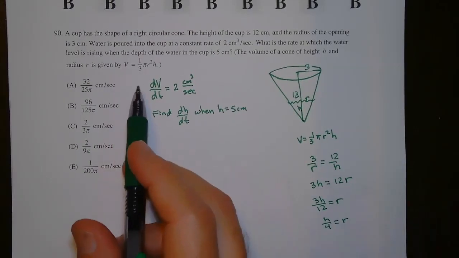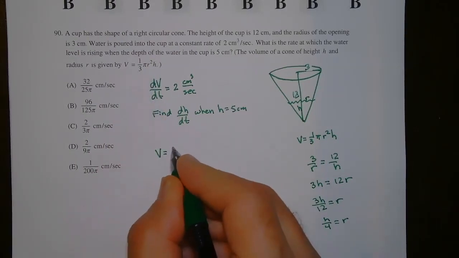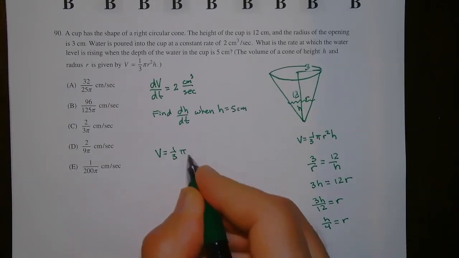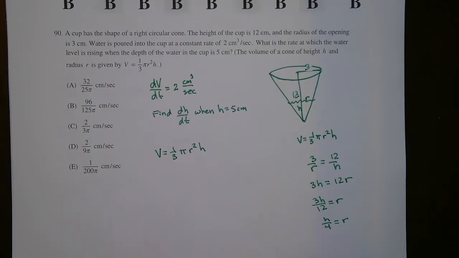So back over here, in the volume formula, we have volume is equal to 1/3 pi r squared H. I want to rewrite this so it's just V's and H's and then take the derivative. So this R right here is going to be replaced with H over 4 because those are equivalent. That's what this says. It's always equivalent.